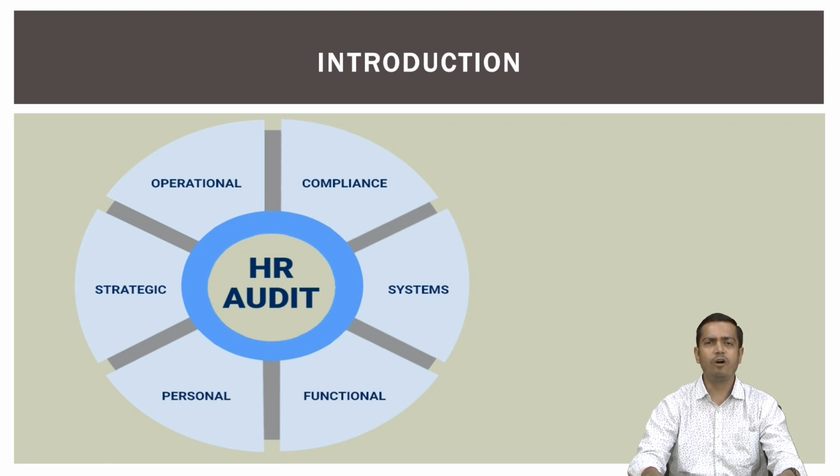For all different functions, different strategies are to be applied, and there are certain parameters according to which a particular function is to be run. Personal: when we talk about the people working in an organization, certain personal needs need to be catered to very minutely.